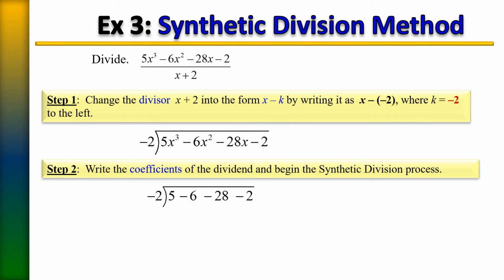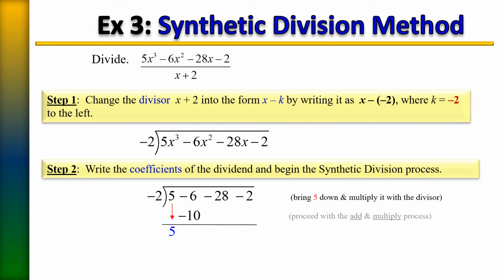So I'm going to bring down my first term of 5. Bring down 5, multiply that with -2 to get -10. Bring down -16, multiply that with -2 to get +32.